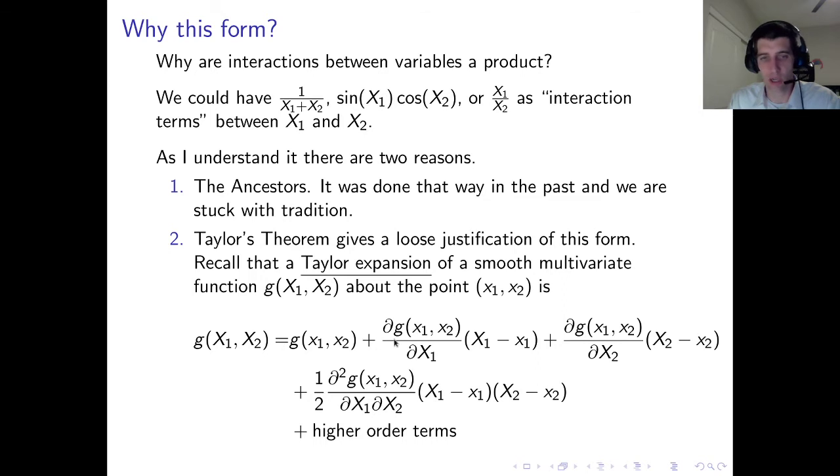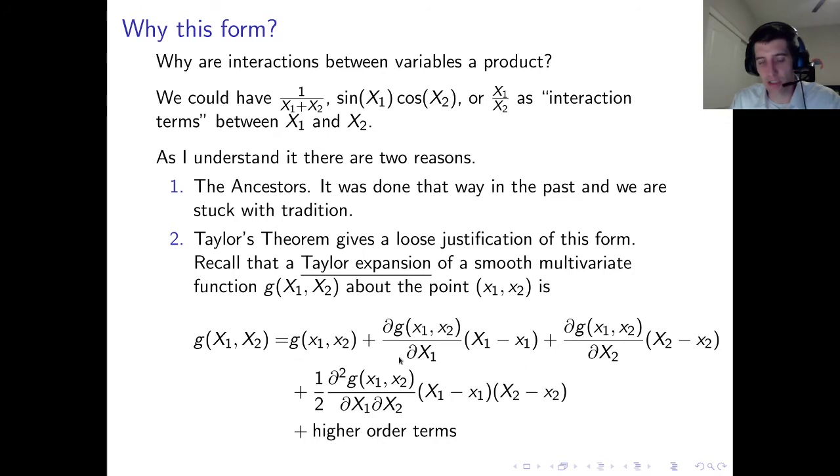So this is an expansion plus some higher order terms. You have your zeroth order terms, your first order terms, and your second order terms, which include the mixed partial derivatives of your function g.